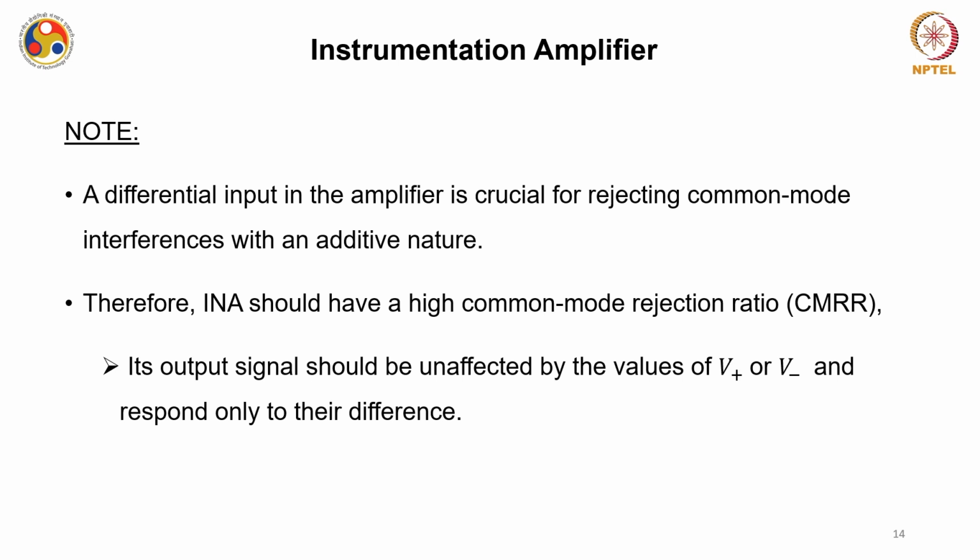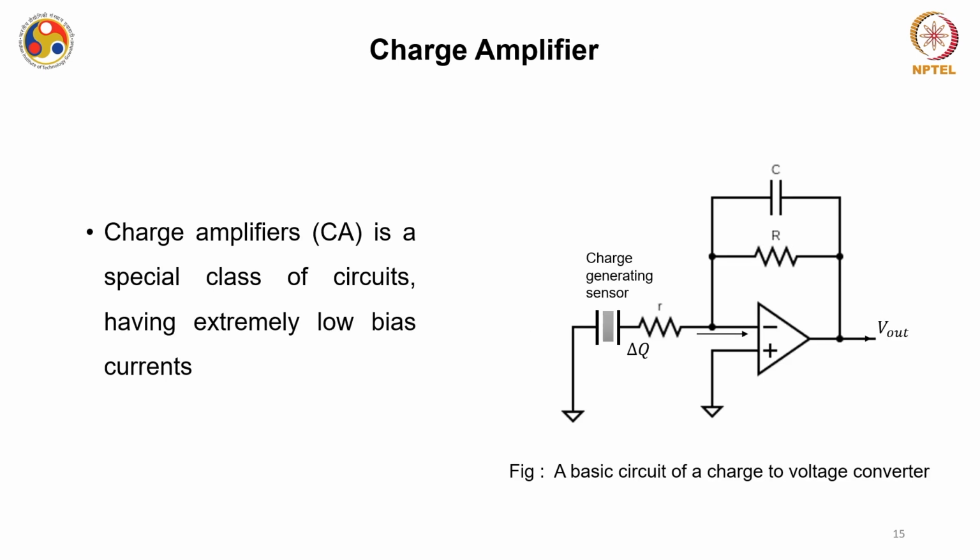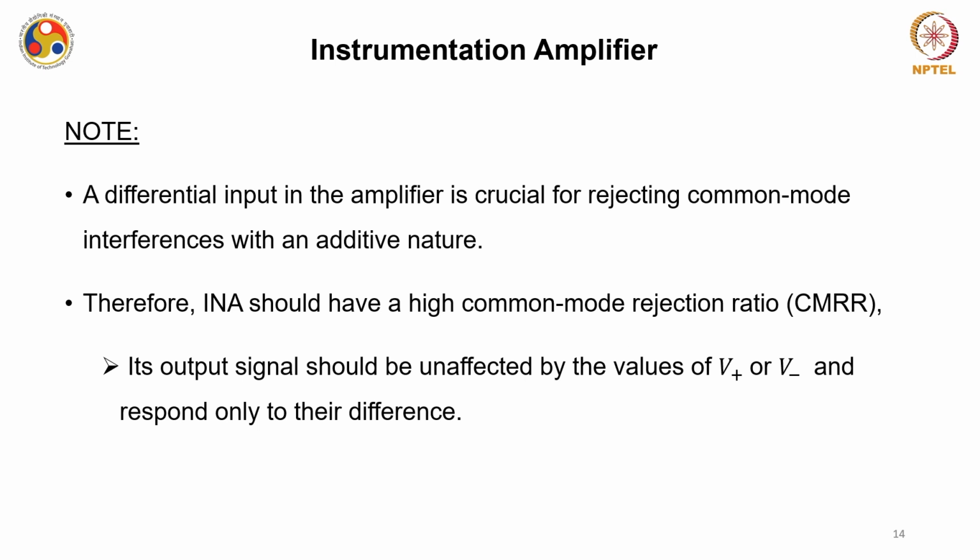Its output signal should be unaffected by the value of these two terminal voltages and respond only to their difference. Then only can the common mode signals be rejected. So this is a basic configuration of an IA and its applications in detail.